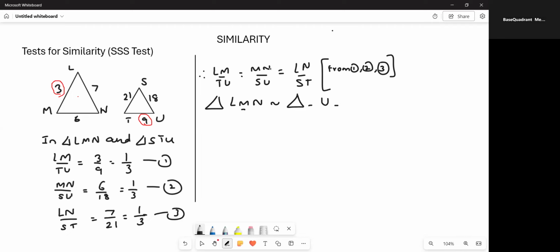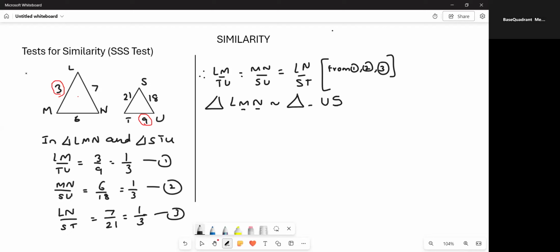Then you can compare these two ratios here, second and the third. N is a common letter in the numerator, and here S is the common letter in the denominator. So N corresponds with S, which means N here is last, so S will be last.